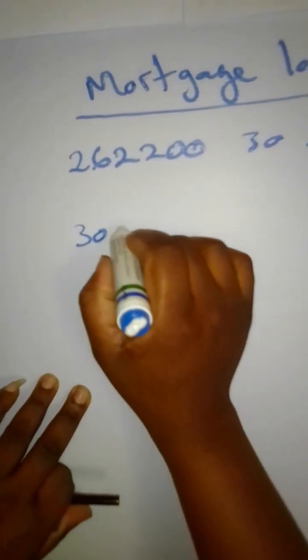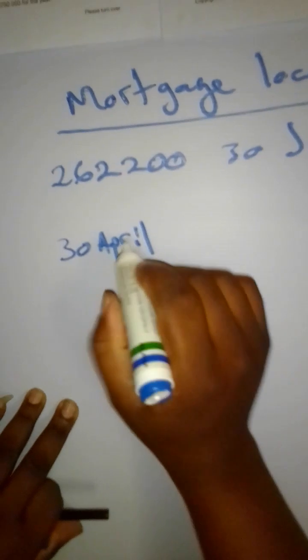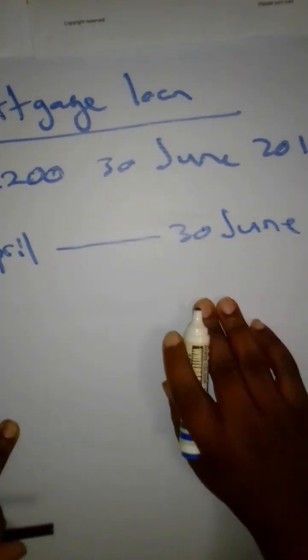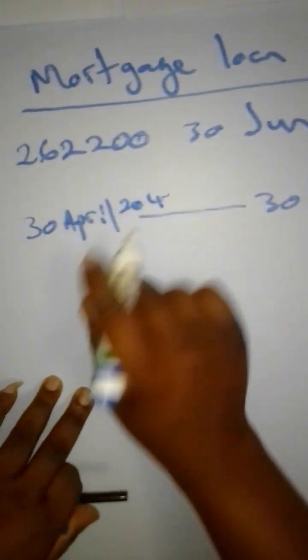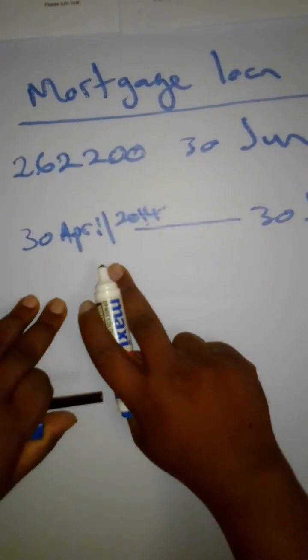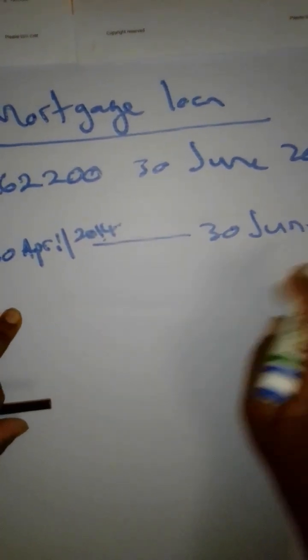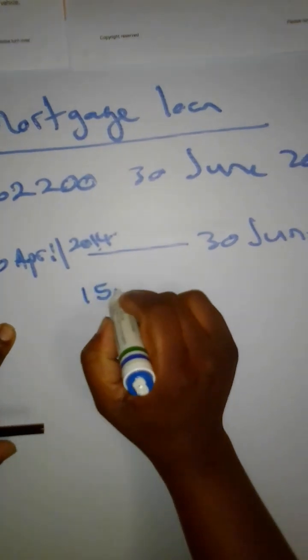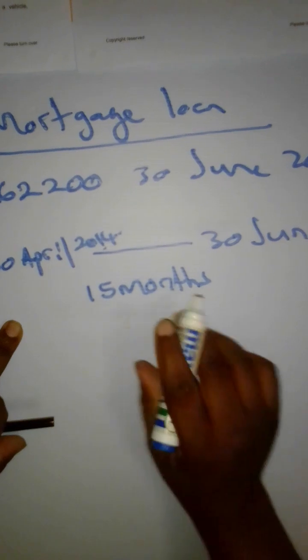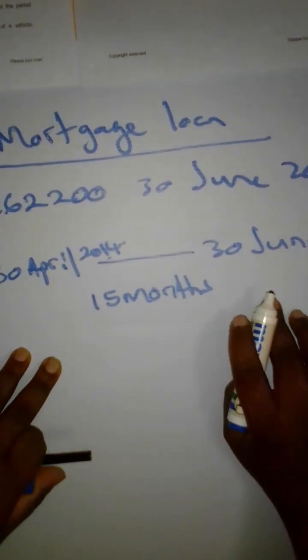From the end of April to the end of June, you will find out that there are 15 months. So the payments that have been made so far are for 15 months.